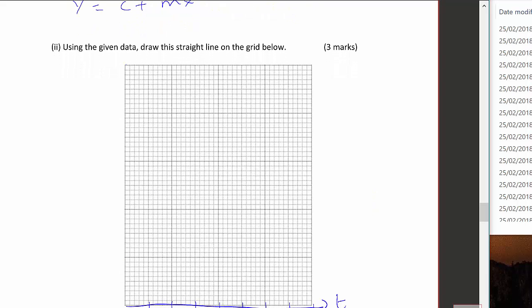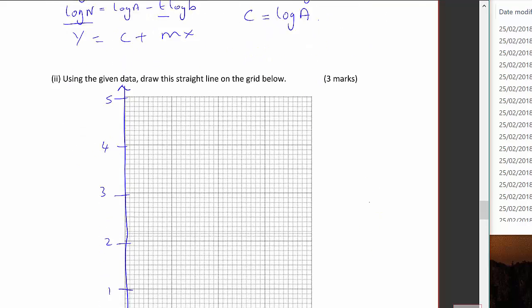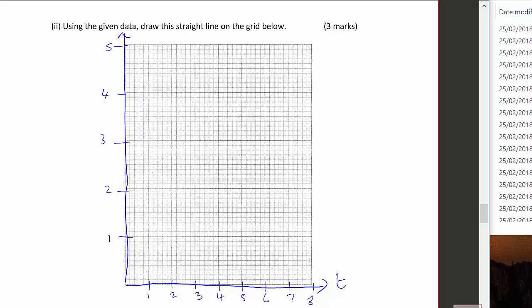So maybe there are better ways of using this axis, but I'm just going to go 1, 2, 3, 4, 5. And so we've got 1, 3.3. So 1, 2, 3, which is just there.